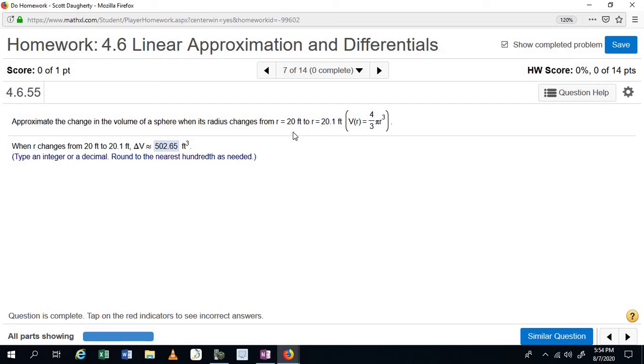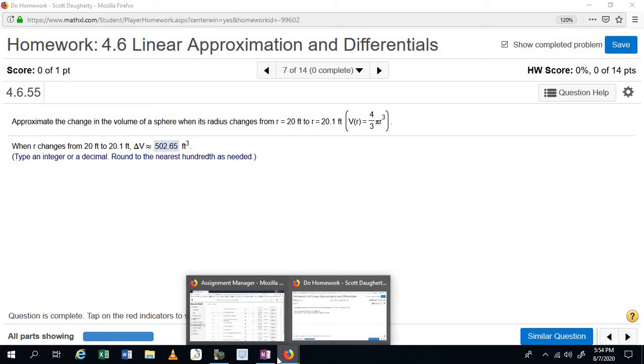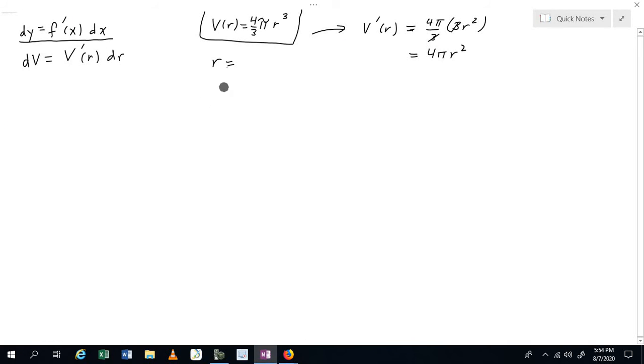Initially it started off at 20. So r, in this case, we're starting off at 20. That's your initial value. And then the next thing you should decide is what your change in r is, your dr. In this case, we're changing it by 0.1 because we ended up at 20.1. That 20.1 was the final radius, and so it changed by 0.1.